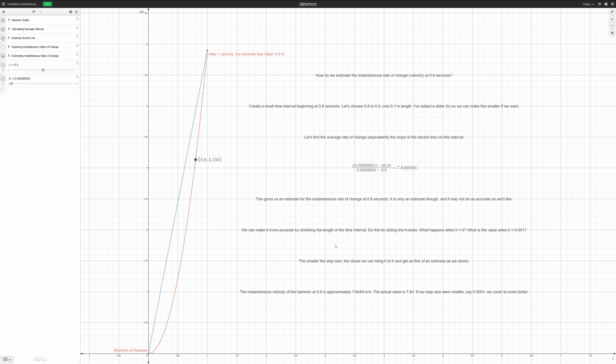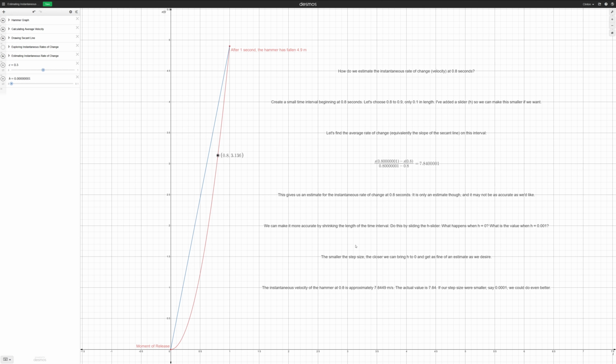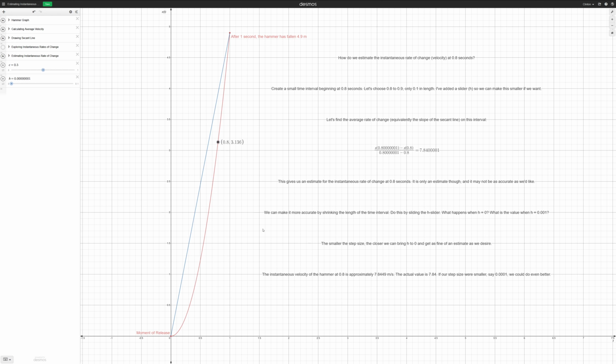If you actually use calculus, the actual instantaneous rate of change is exactly 7.84. So the whole idea here is that if you shrink your interval and make the step size as small as possible, you will get a good estimate.